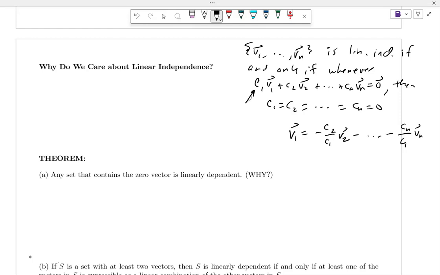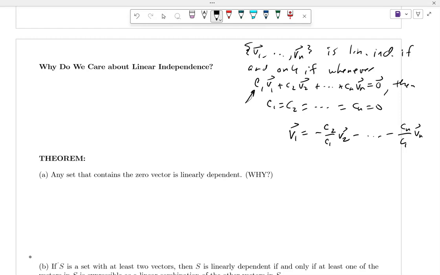I have a plus C2 on this side. If I move it to the other side, it's going to be negative.